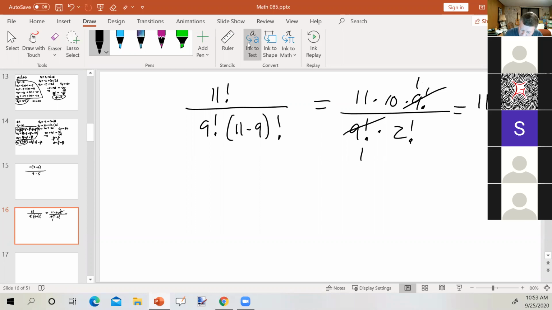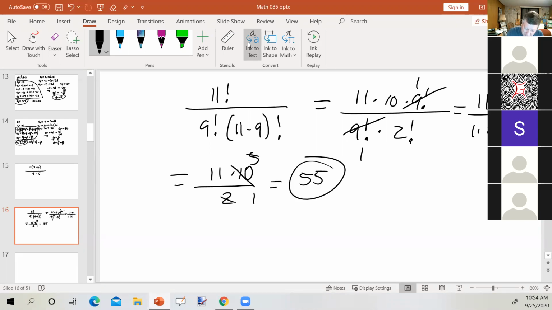Now I've got 11 times 10 times 1, which is just 11 times 10, over 1 times 2 factorial, which is just 2 times 1. We've got 11 times 10 over 2, because 1 times 2 times 1 is 2. 10 over 2 is 5 over 1. So my final answer is 55.